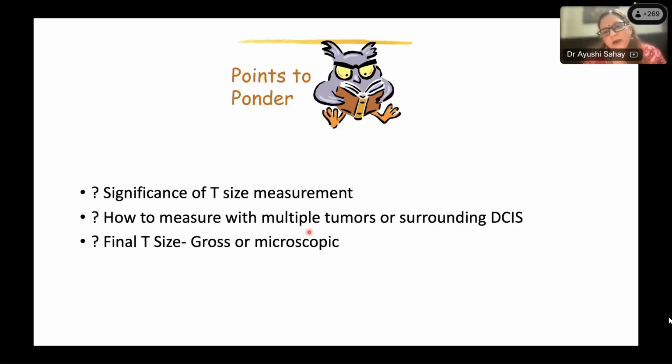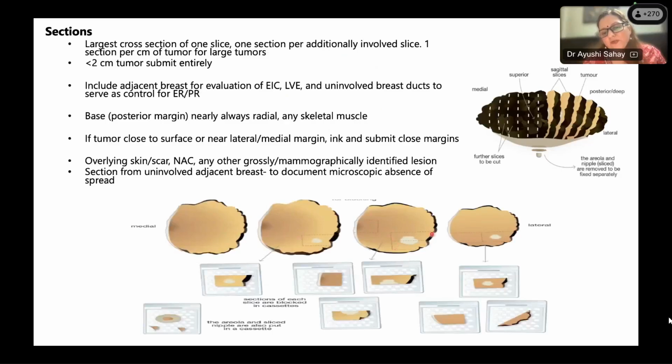Now, as I said, you have to take the specimen and take the largest section. When you take the section, you have to take the section with the largest diameter of the tumor and try to take it in a grid form, meaning the whole tumor, one slice, so that you are seeing them contiguously. Then you can see this under the microscope and check whether your gross size is correct or not.